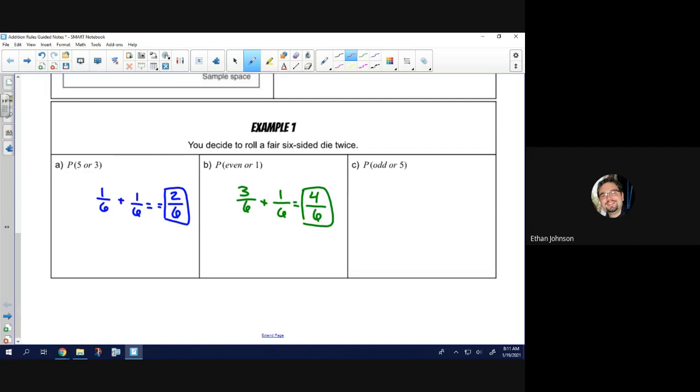So, starting the problem off the same, probability of an odd would be 3 out of 6, plus the probability of it being a 5 would be 1 out of 6, minus my overlap. So how many numbers are in my overlap? Well, it would be the 1 out of 6. So 3 plus 1 is 4, minus 1 is 3.